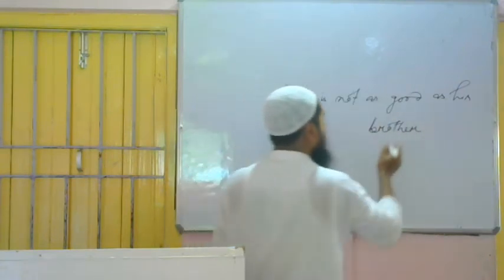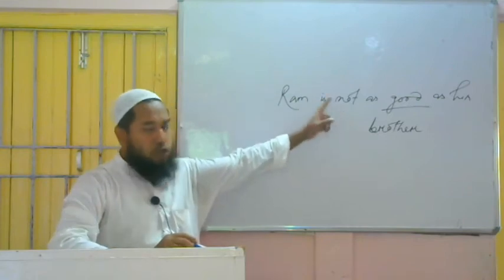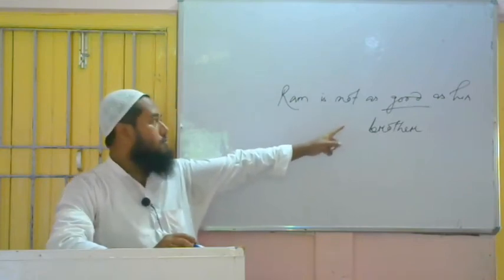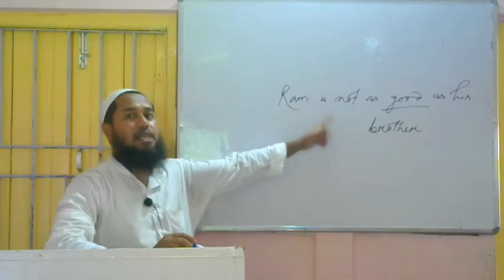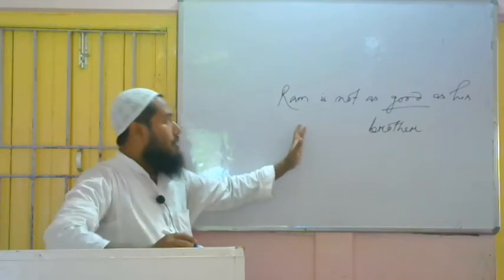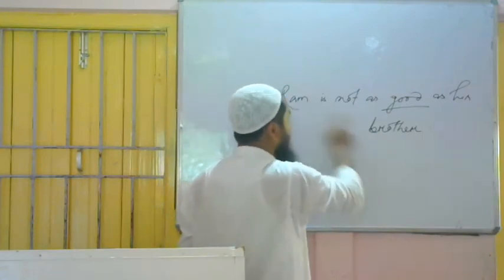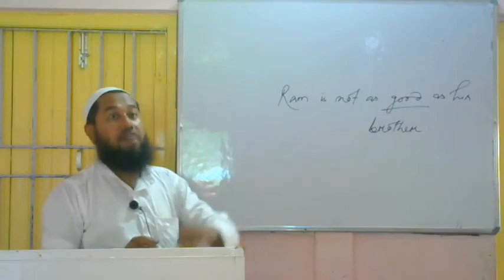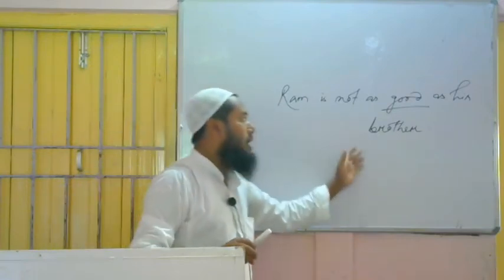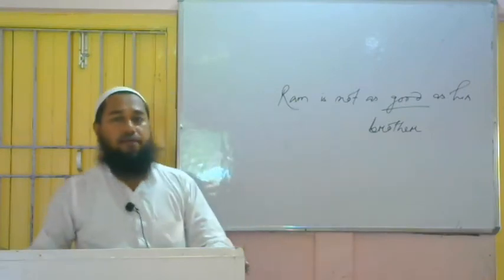How can we say this? Because we got good in this sentence, and this is the positive form of the adjective good. But here we are finding Ram and his brother, two things. Now if I tell you to change the sentence into superlative, you can change the sentence into comparative, you can change it into comparative.